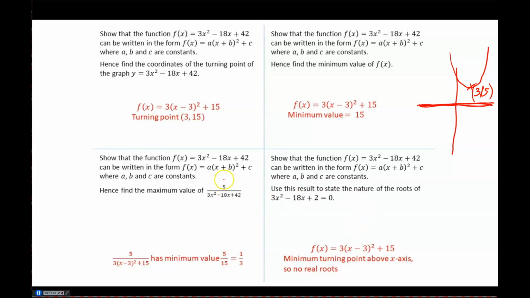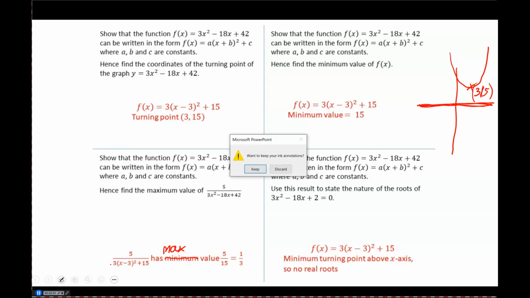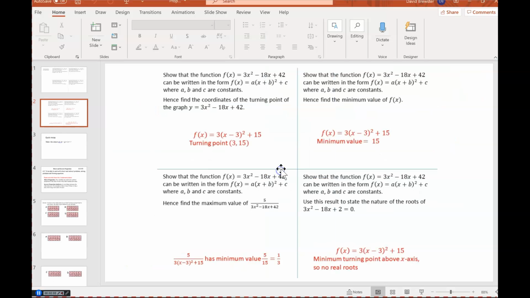This last one, bottom left-hand corner, is slightly different because it's 5 over that amount. That should say maximum value of a third, and I'll show you why. Hopefully this won't go badly wrong, but let's give it a go. If I end the show, we can discard that.